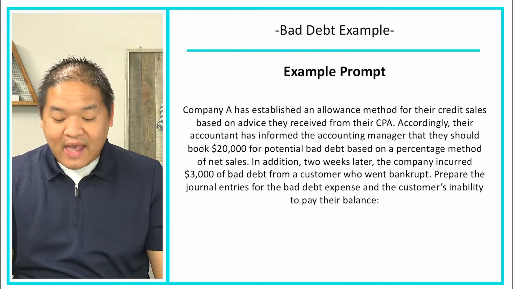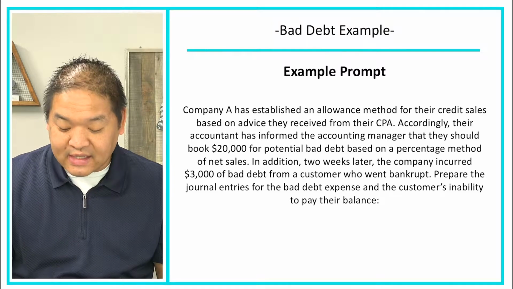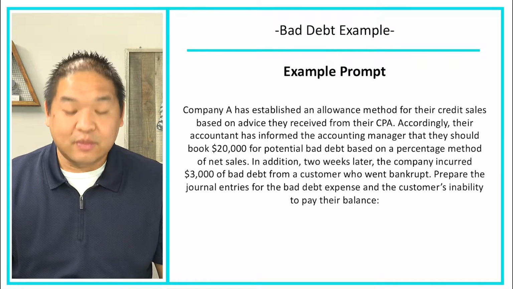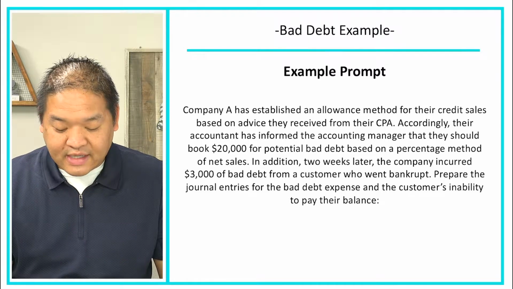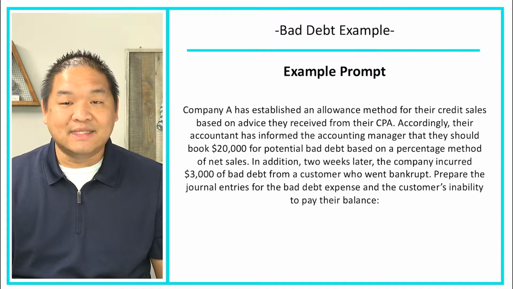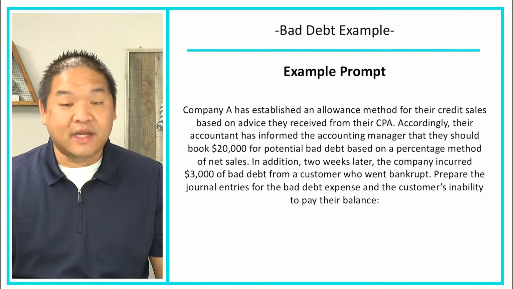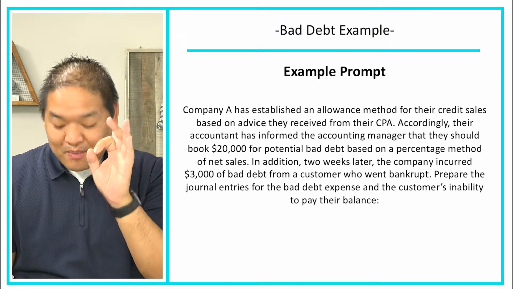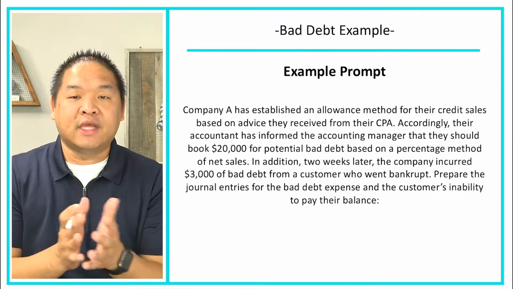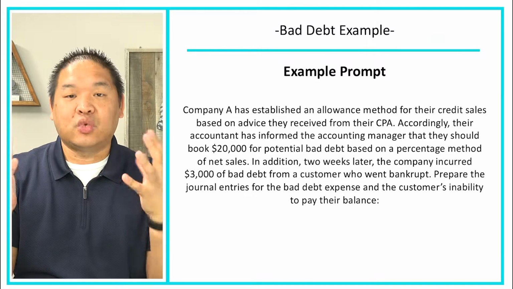It says company A has established an allowance method for their credit sales based on advice they received from their CPA. Accordingly, their accountant has informed the accounting manager that they should book $20,000 for potential bad debt based on a percentage method of net sales. So they took net sales and multiplied it by a percentage, and that's how much bad debt they're getting, $20,000.